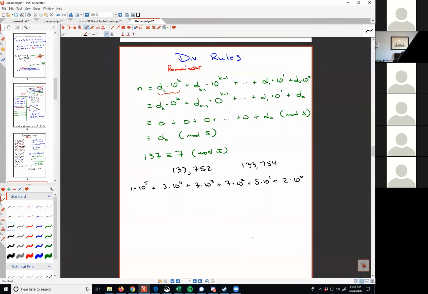Let's start with the first one. This is that number written out in terms of digits times powers of 10. If we examine this modulo 4, what happens? Well, if we convert the powers of 10 into modular 5 and we solve, then we are left with 2.